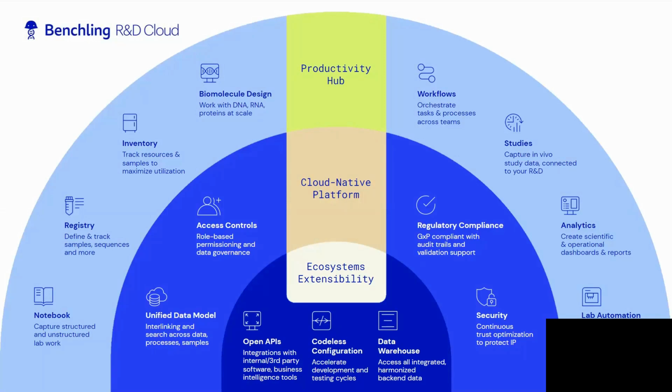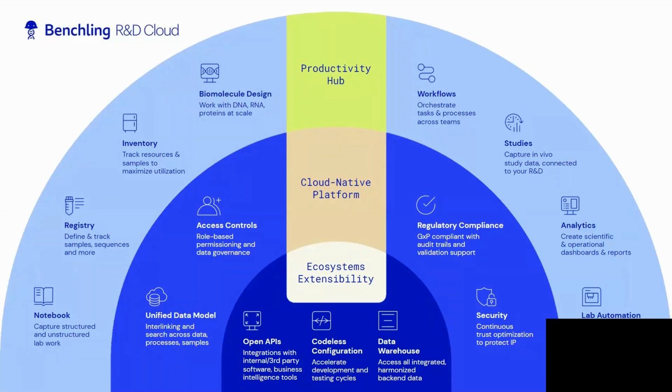We also have codeless configuration that allows scientists to customize Benchling to their specific needs and modalities. And finally, Benchling's data warehouse provides storage for very large data sets. This is where that high throughput data that repeatedly comes up in the drug discovery world can be stored without a high cost of ownership.